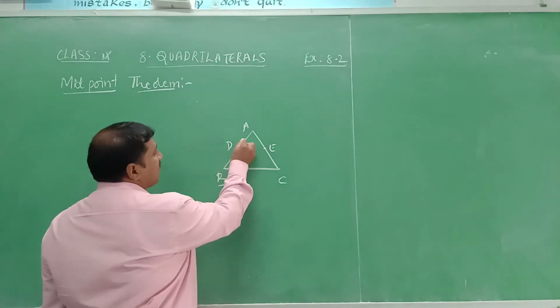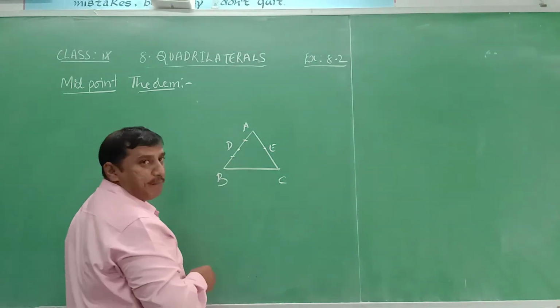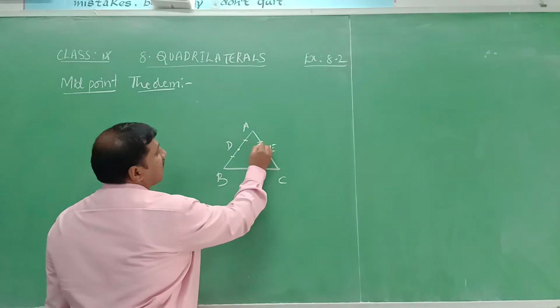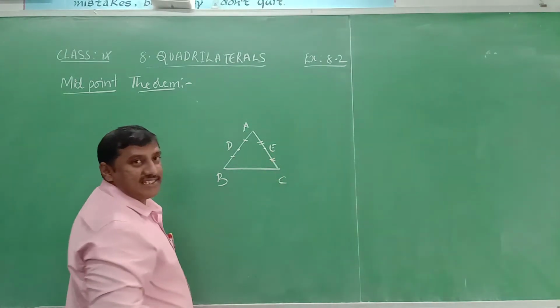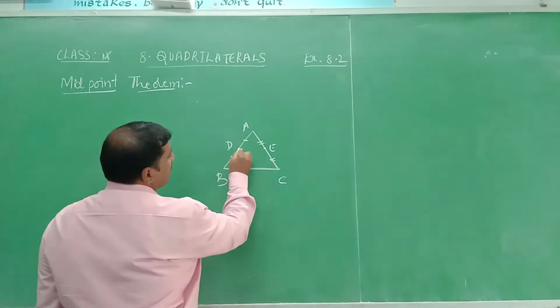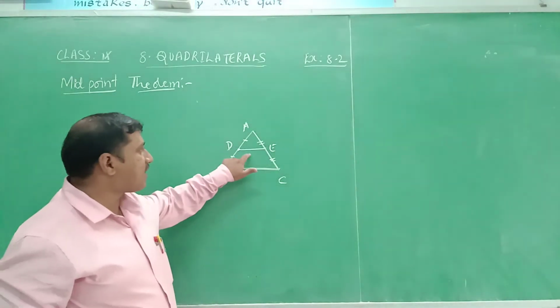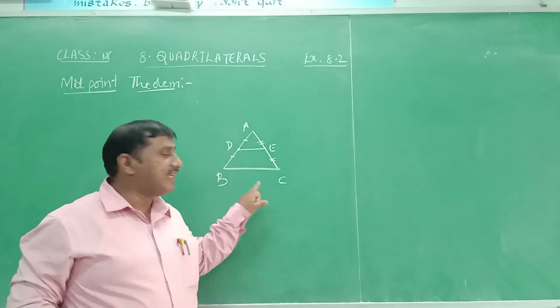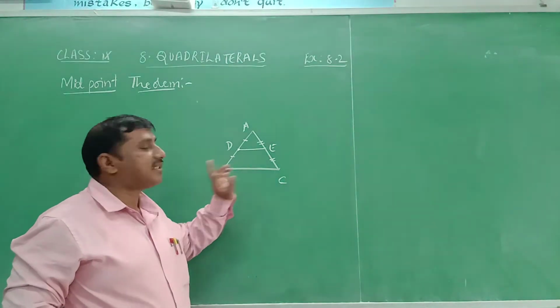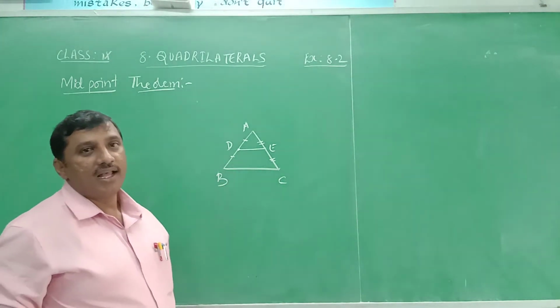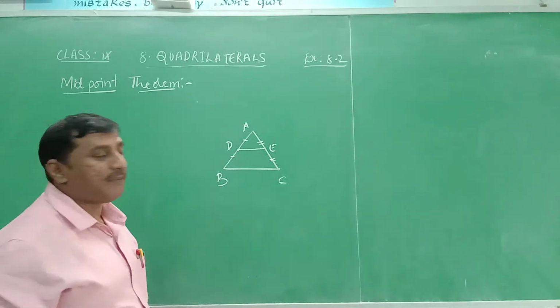It means length of AD is equal to length of BD and length of AE is equal to length of EC. Now join the line segment from D to E. Now this line segment DE is parallel to the third side BC.